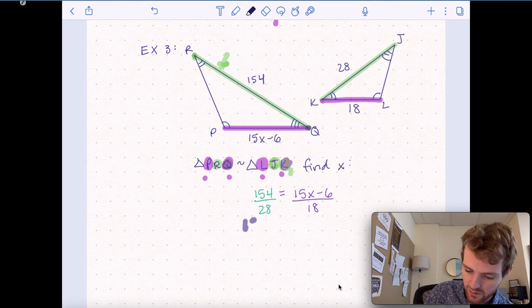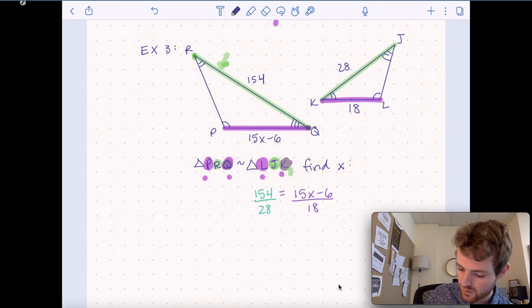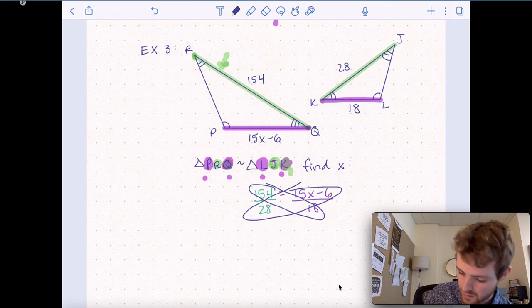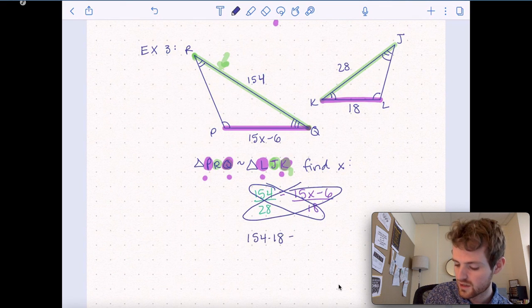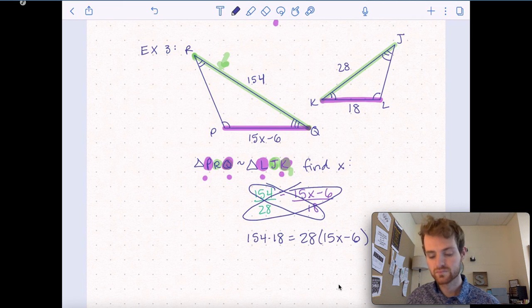We'll have 154 times 18, because we cross multiply. 154 times 18 is going to equal 28 times 15x minus 6 in those parentheses.